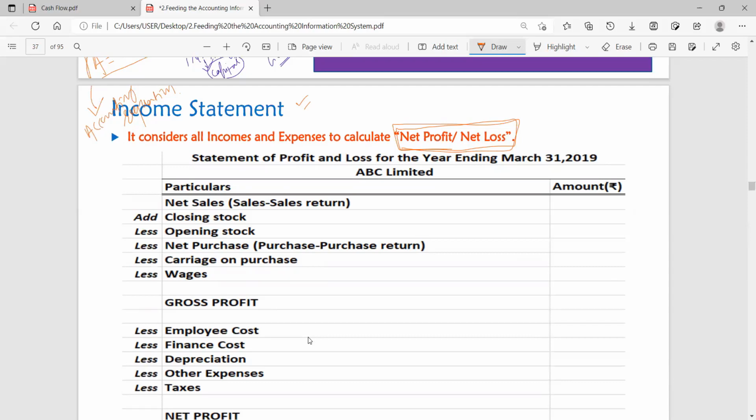For that purpose, we prepare a statement which we call the profit or loss statement. In certain cases we also prepare it in an account format, ledger account format, T format. In that case we call it profit and loss account, P and L account. But here we have presented it in a statement format, so we are calling it the income statement, or you can say statement of profit and loss.